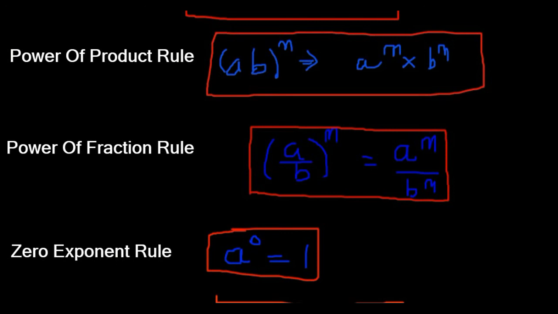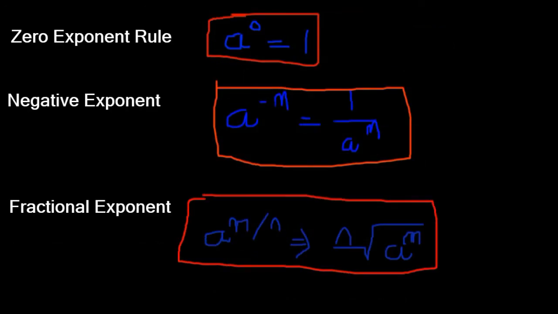The next one is zero exponent rule, which is very uncommon. That is a power 0 is equal to 1. So any number, any large number you take, when its power is 0, its value is only 1. The next one is negative exponent.